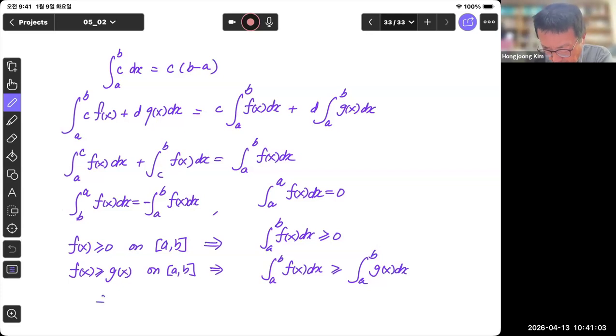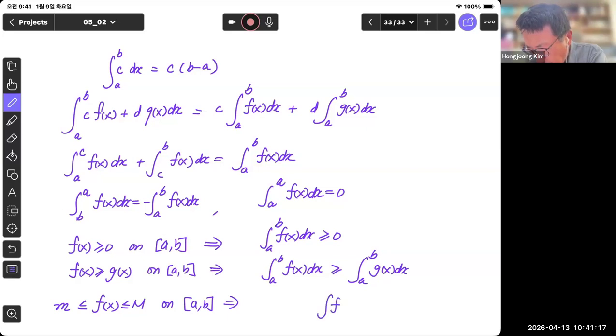And if my f of x is between lowercase m and uppercase M on the interval from a to b, then the integration of f of x dx from a to b will be bounded by m times b minus a and M times b minus a.